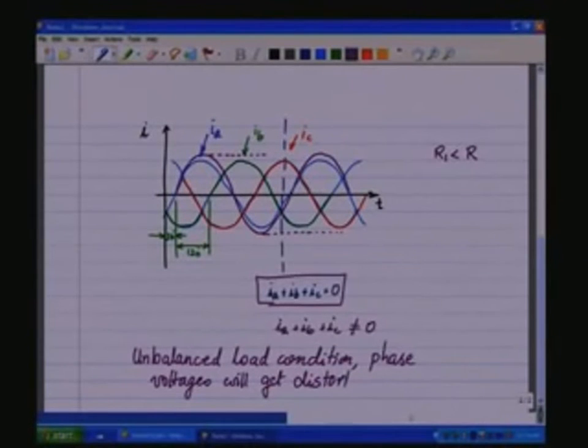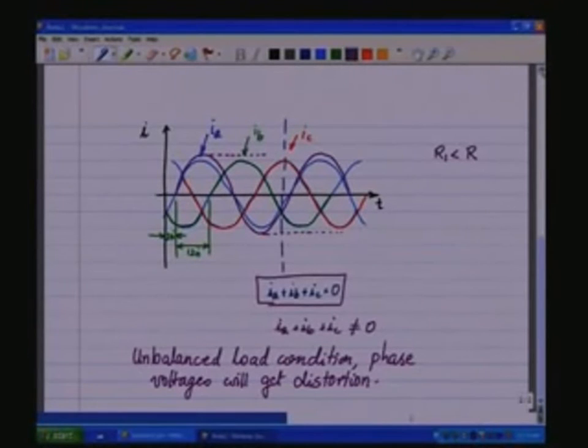So, the distortion may be in magnitude or frequency or both. Harmonic distortion is also possible, depending upon the type of the mismatch in the load. So, this is a condition which can occur if the neutrals are not connected.